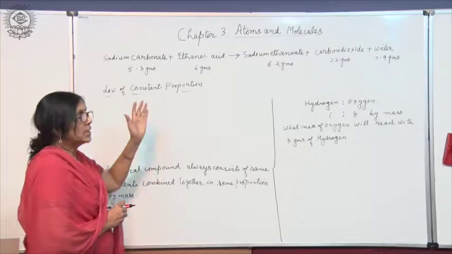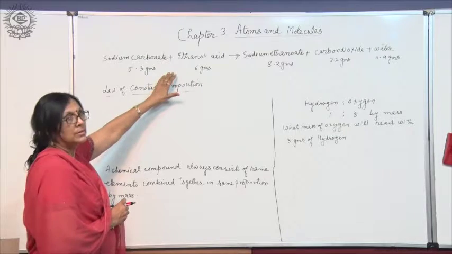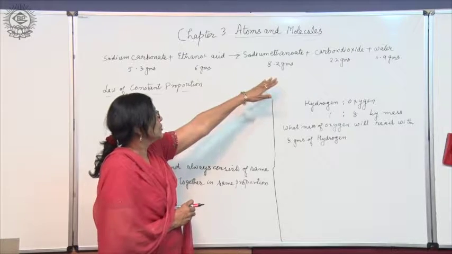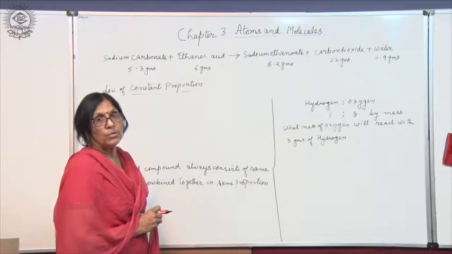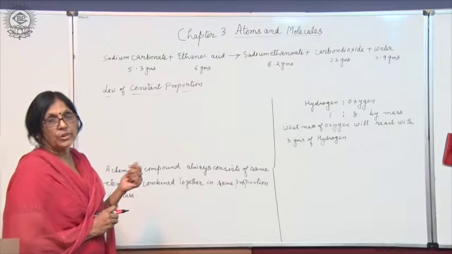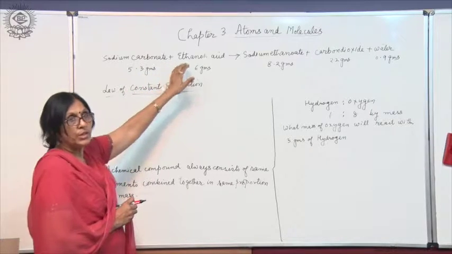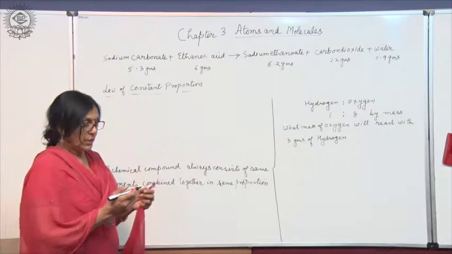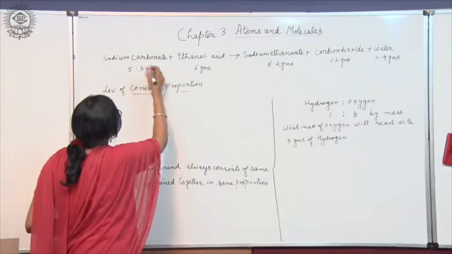Now, for the experiment 5.3 grams of sodium carbonate is taken, which reacts with 6 grams of ethanoic acid to form 8.2 grams sodium ethanoate, 2.2 grams carbon dioxide and 0.9 grams water. Now, how can we prove by this data the law of conservation of mass? The mass of the reactants should be equal to the mass of products which have formed after the reaction. So, let us find out the sum of the masses of the sodium carbonate and ethanoic acid.